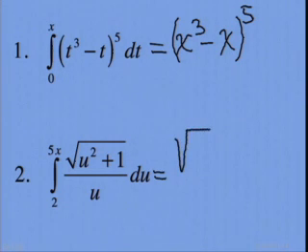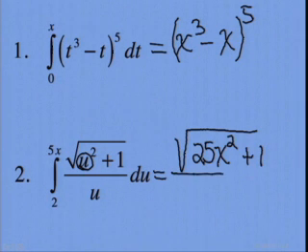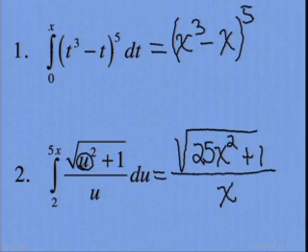the square root of, this time, 25x squared, which of course is what I get when I plug in 5x for u here. Then I have my plus 1, and that's all going to be over... well, normally you would think I would put 5x down here, because that's what I substitute in for u.